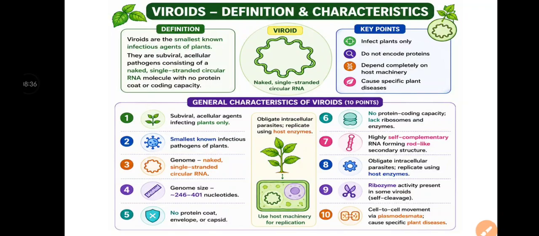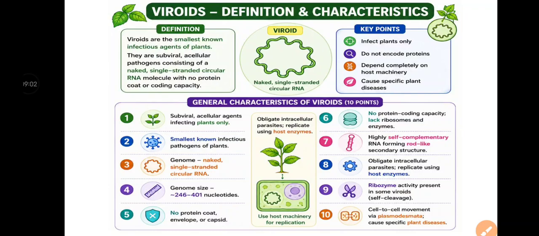In some viroids, like our avocado sunblotch viroid, which we will discuss in later slides, they have ribozyme activity because they have branching, so they need to be cut. For self-cleavage, this ribozyme activity is present in some viroids.